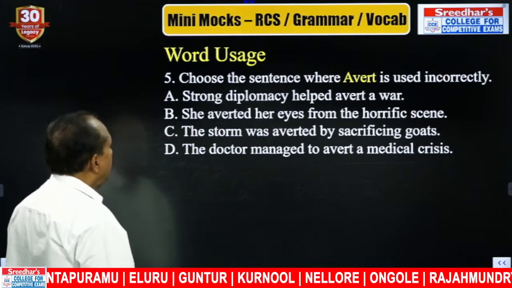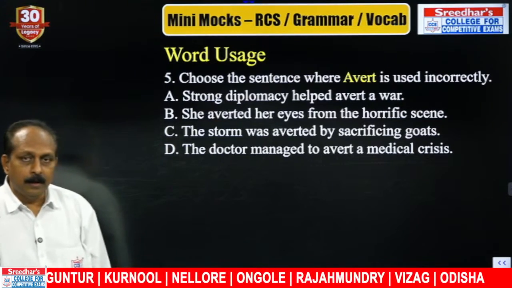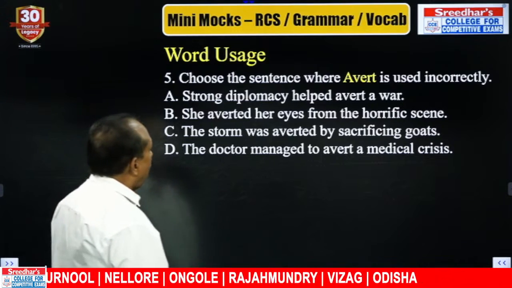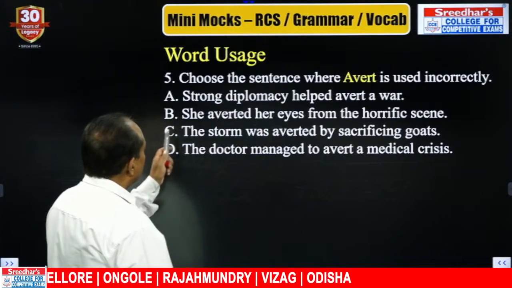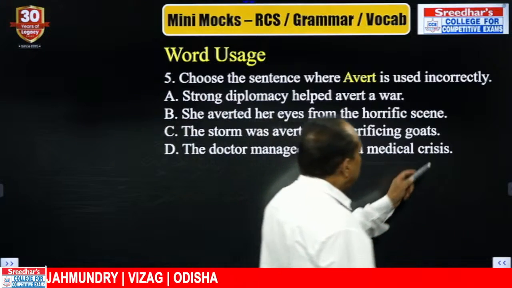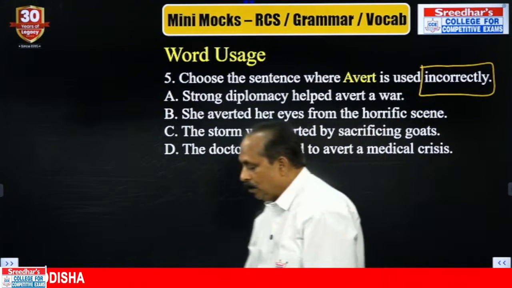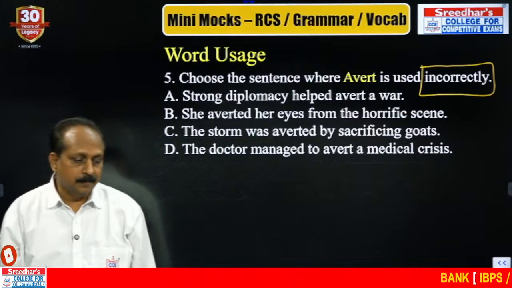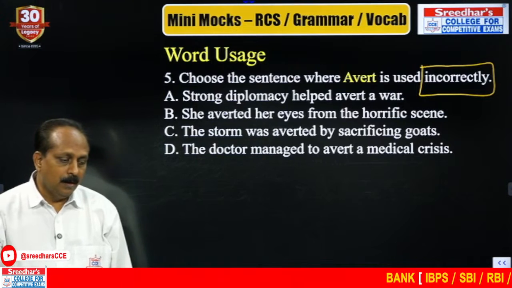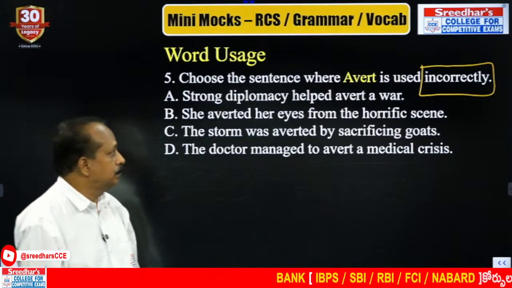Another word, avert. Avert means to prevent, to avoid, to thwart. Strong diplomacy helped avert a war. Here you ought to read very carefully. Instructions also, you can't take things for granted. Out of 4, 3 are correct, 1 is wrong. Your job is to choose the wrong one.